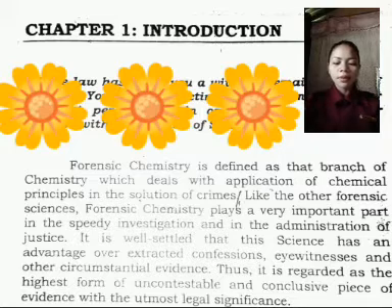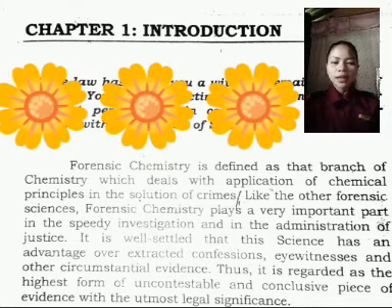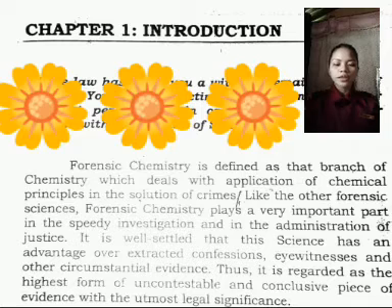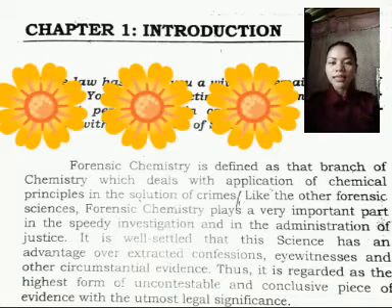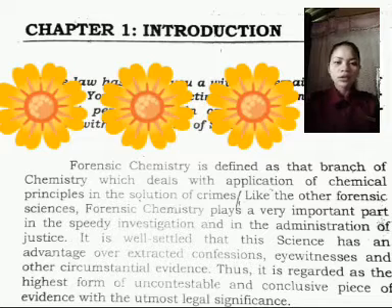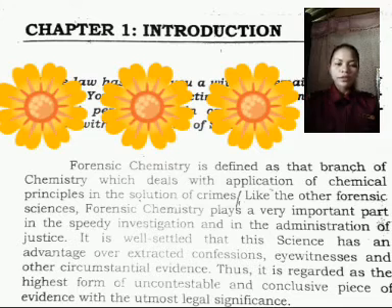So, forensic chemistry is defined as that branch of chemistry which deals with application of chemical principles, and it is very important in terms of investigation for identifying an examination that arises in connection with the administration of justice. So forensic chemistry is the science that deals with the application of chemistry in the identification of evidence, its physical and chemical properties.